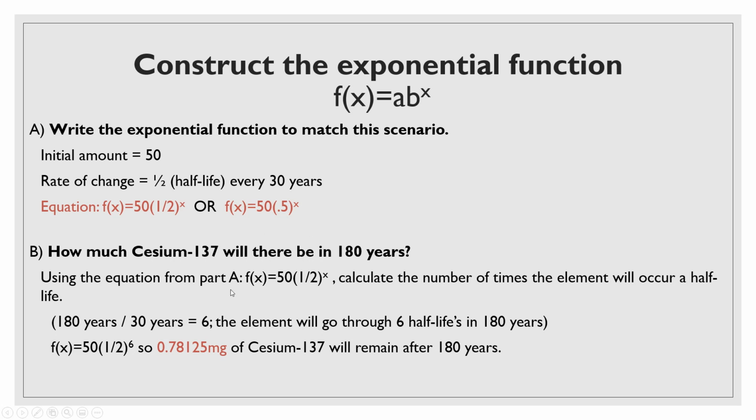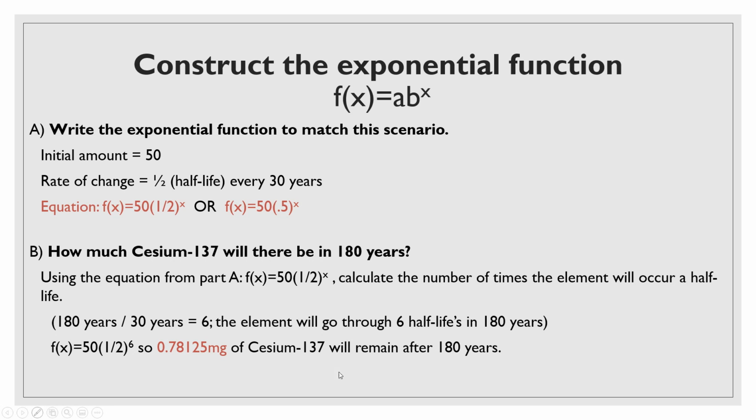Now, calculate the number of half-lives. In 180 years, we divide by 30, so there are 6 half-lives in 180 years.